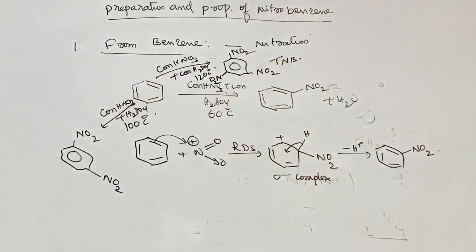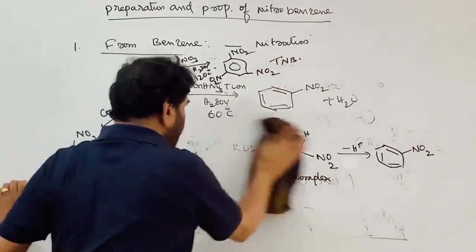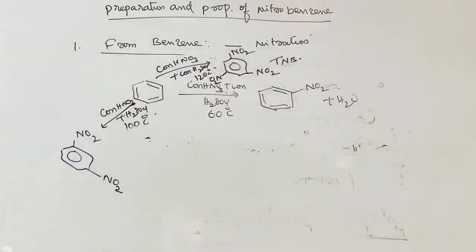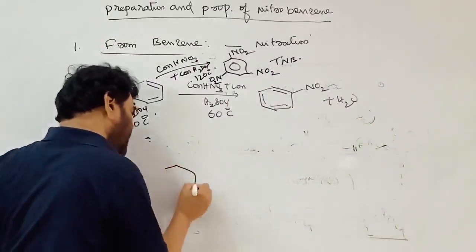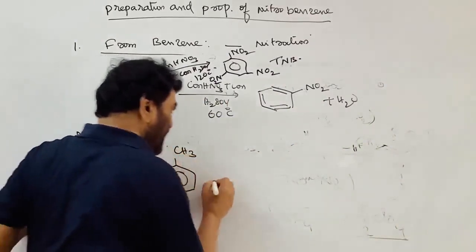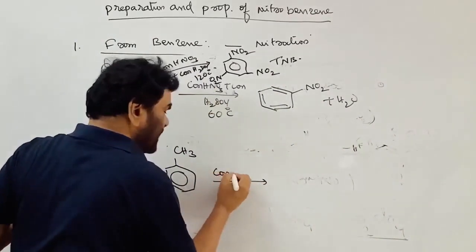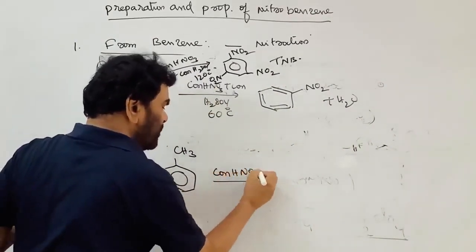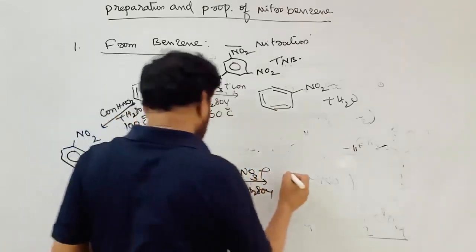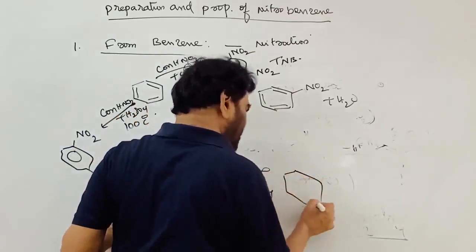So this is the chemistry related to the formation of nitrobenzene. If you take toluene, the methyl group is a ring activating group, so it takes part in electrophilic substitution reactions more readily. On warming, or even at room temperature, the reaction takes place.